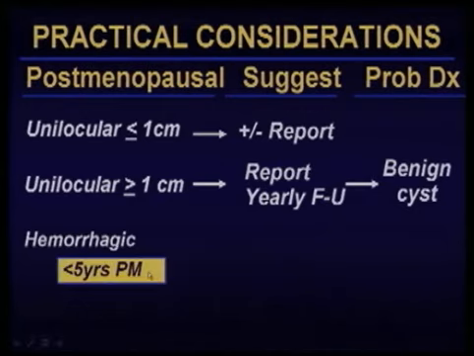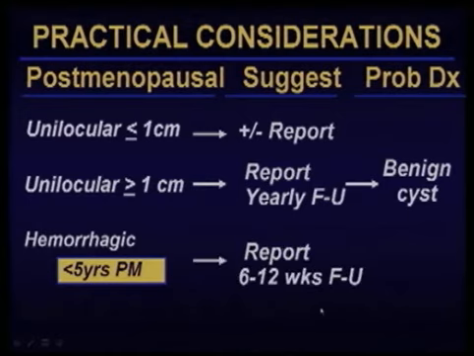If you have a hemorrhagic cyst and the woman is early postmenopausal, our gynecology clinicians urged us to do a short-term follow-up because most likely if it's shortly after menopause, it may still be a functioning cyst. They mentioned that women can occasionally ovulate within 5 years of menopause, which came as a surprise to me.